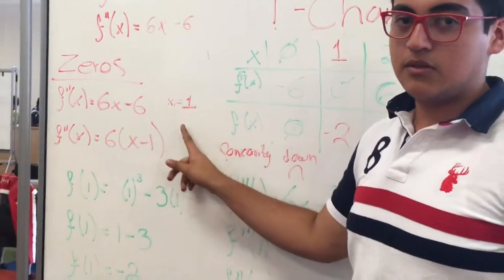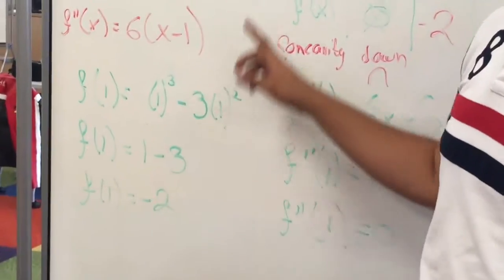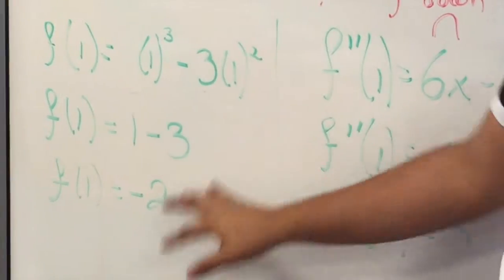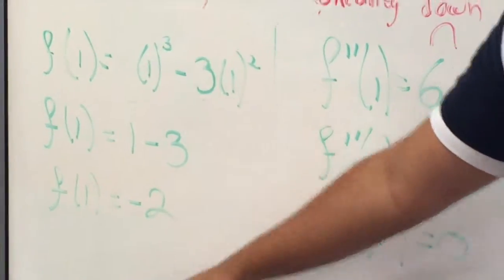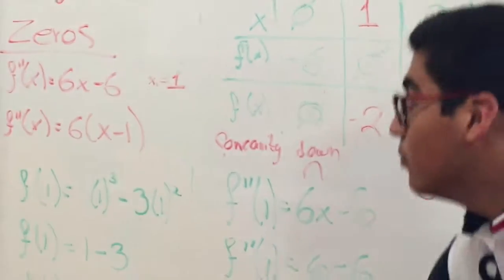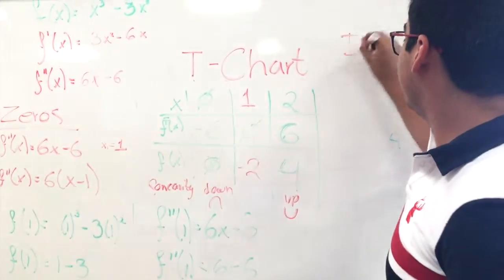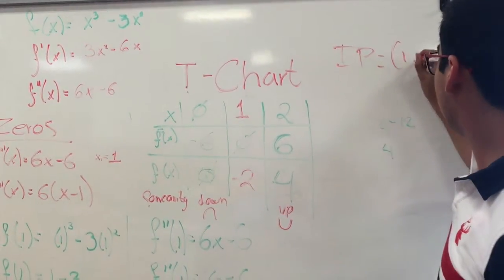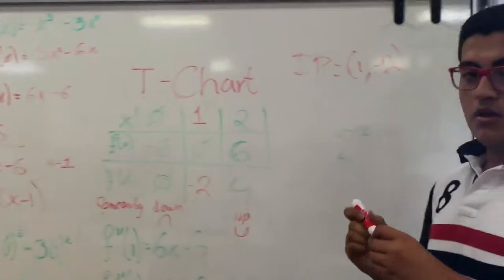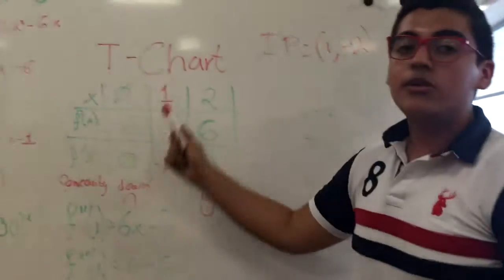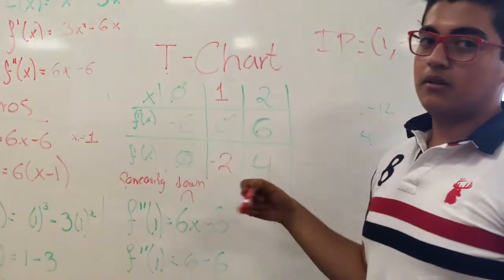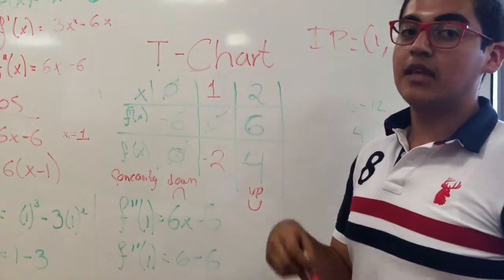This value we substitute into the original function, and it gives us minus 2. Our inflection point will be (1, minus 2). So now we do our t-chart to analyze what is happening around that point.